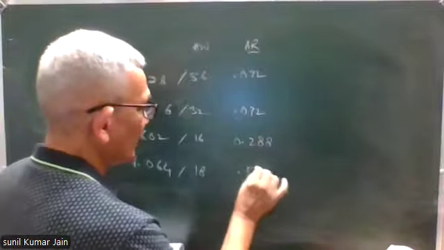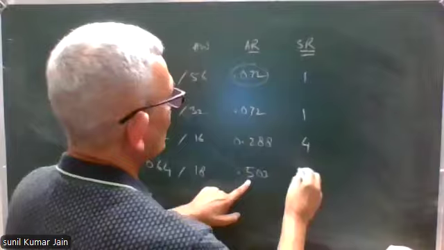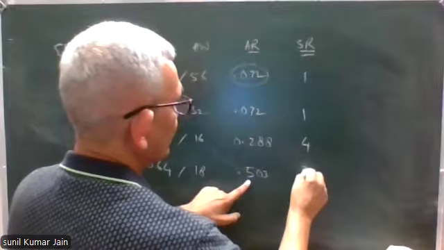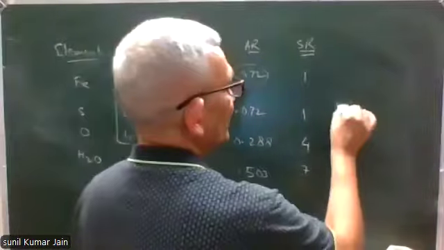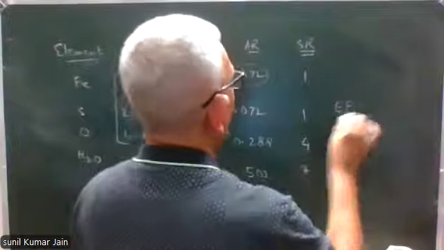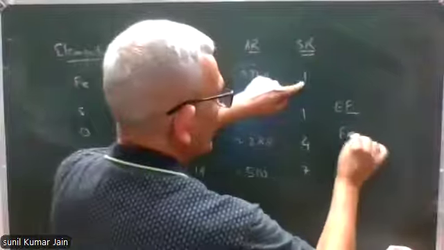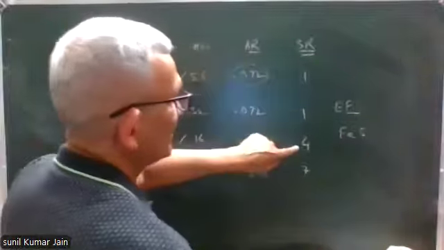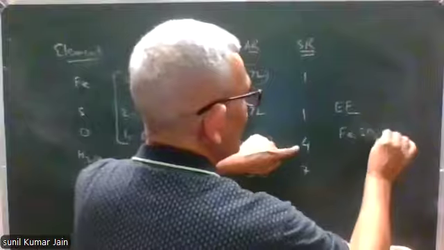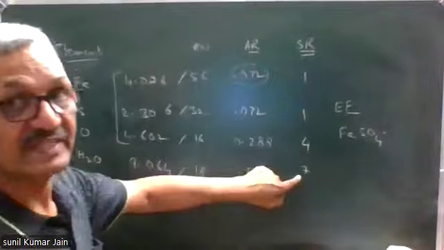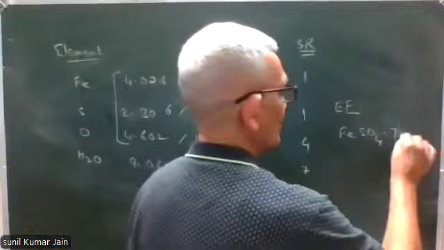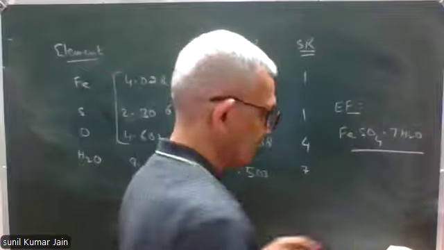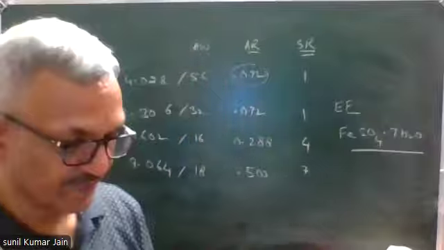This divided by 0.072, this will come out to 7. It means empirical formula of the compound will be iron 1, sulfur 1, oxygen 4, and this is water of crystallization. We'll write it as .7 water. This is the empirical formula.